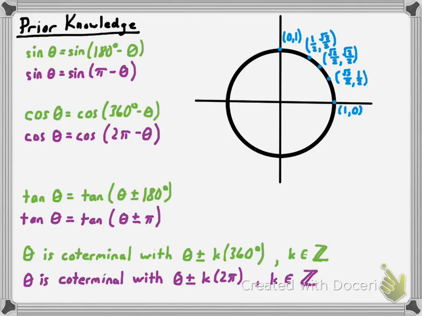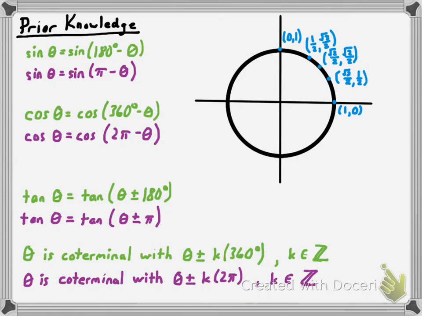One more thing. You'll need to remember how to find coterminal angles. A coterminal angle is simply an angle that is exactly 1 or 2 or 3 or 4 or so on revolutions around the circle from a given angle. So theta is coterminal with theta plus or minus k times 360 degrees.